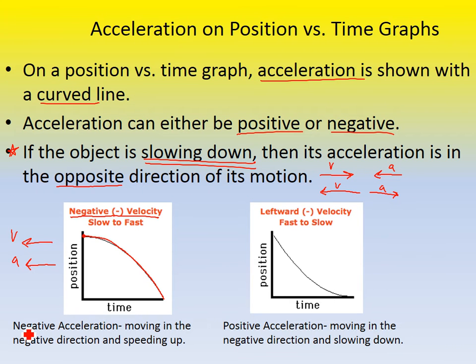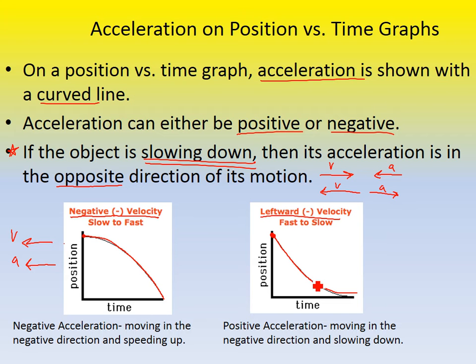Okay, now how would we show positive acceleration with a leftward velocity? So we're going left still, but now we're going from fast to slow. So if you show fast to slow, you're starting here with a steep slope, and then over time it kind of shallows out. So if you put your pencil on this line, at the beginning the slope is very steep. We're going fast.